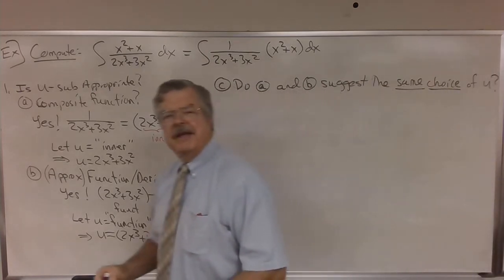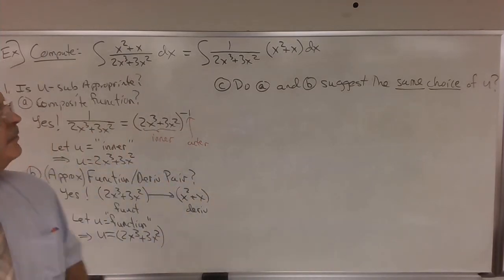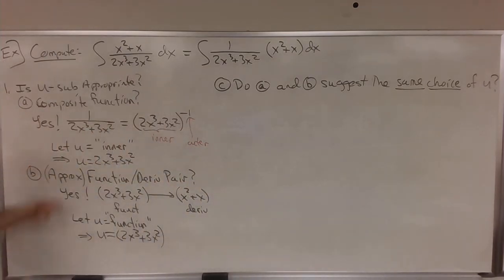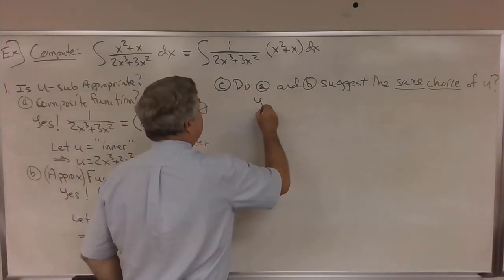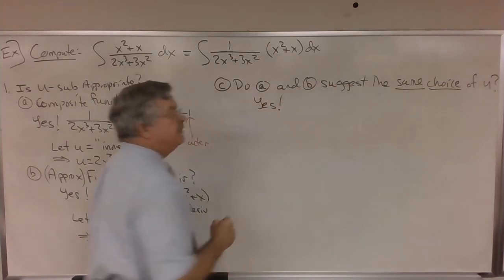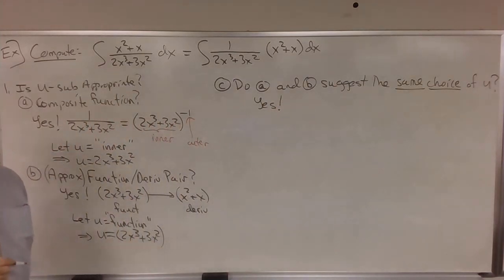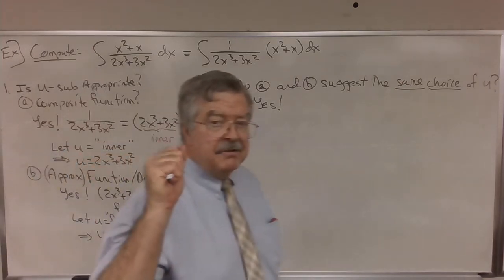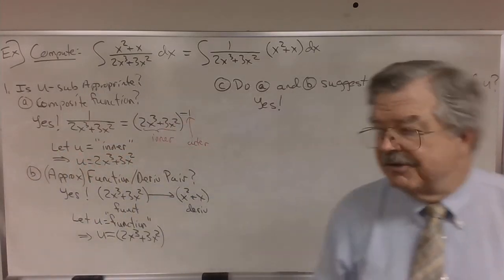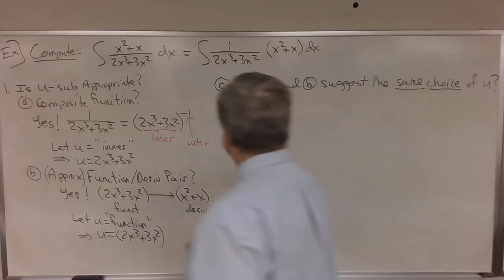Do criteria A and B suggest the same choice of u? A says let u equal 2x cubed plus 3x squared. B says let u equal 2x cubed plus 3x squared. So yes, criteria A and B suggest the same choice of u. So that means U-substitution is a go.